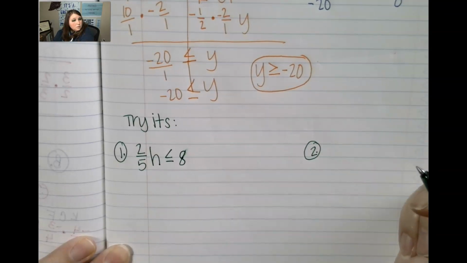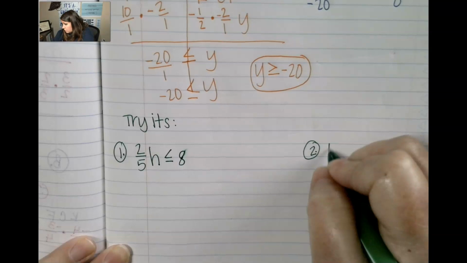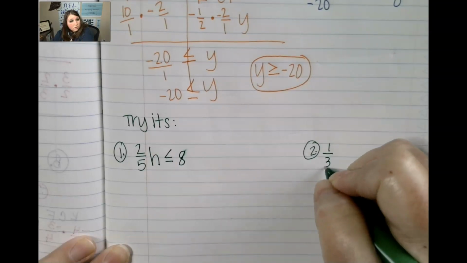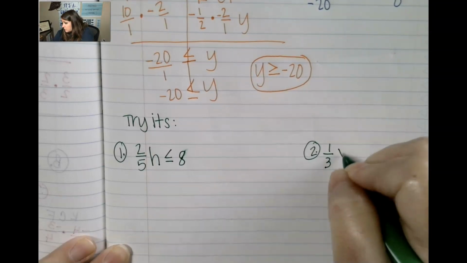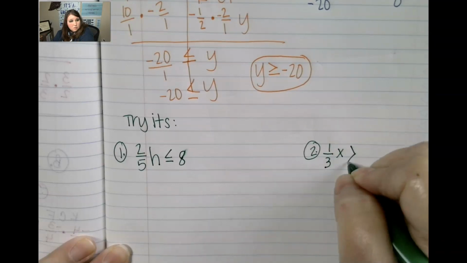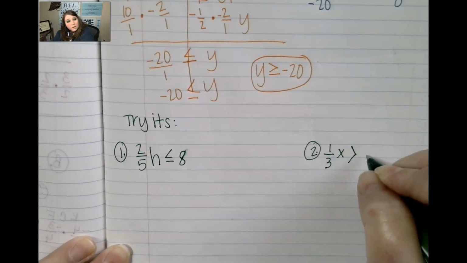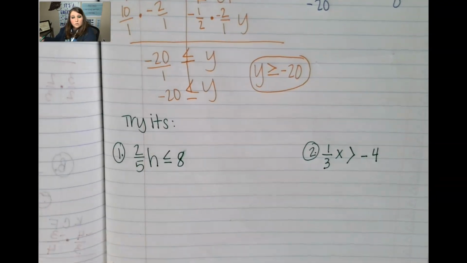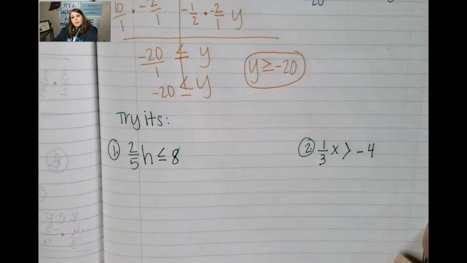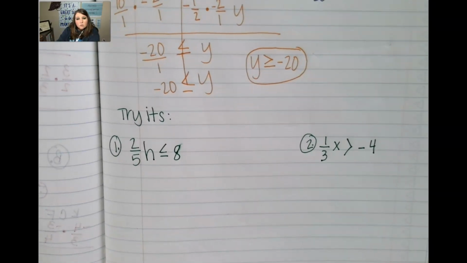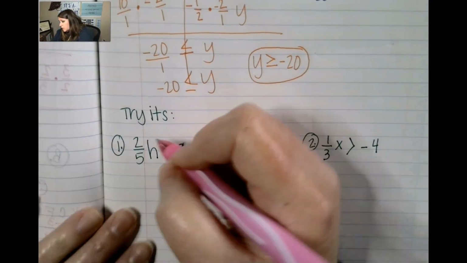Problem number 2 says 1/3 x is greater than negative 4. Okay, so go ahead and solve these. When you're ready, come on back and hit play so that you can check your level of understanding.